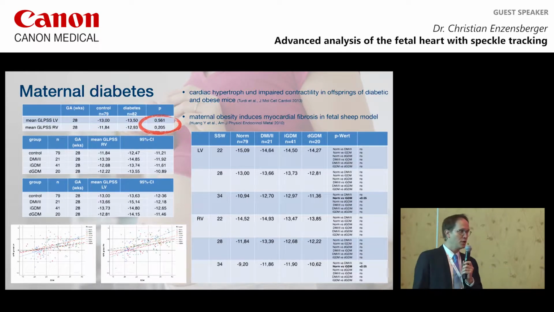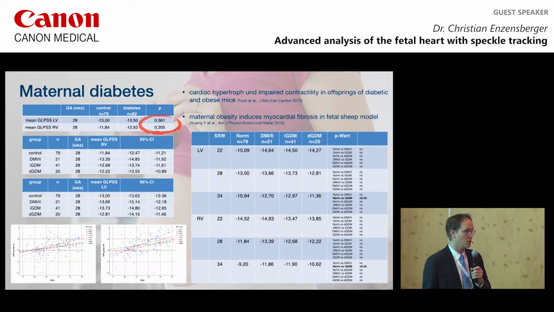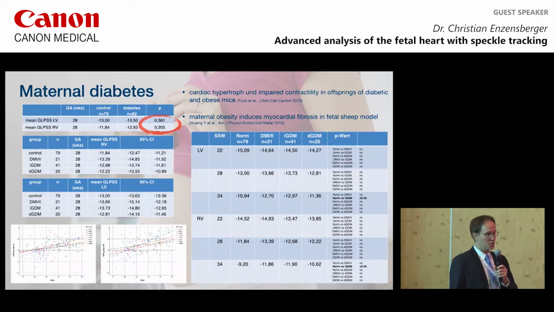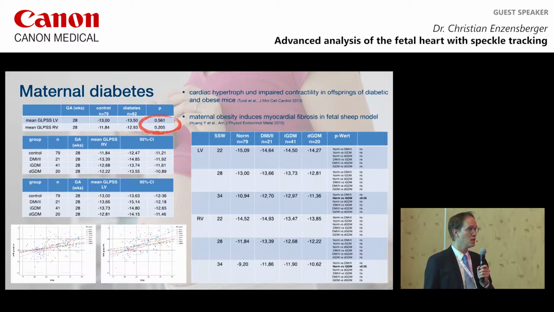So how can you interpret this information? These are obviously data from Germany. We have changed our diabetes screening a few years ago. It's quite a strict one. The patients are screened between 24 and 28 weeks.